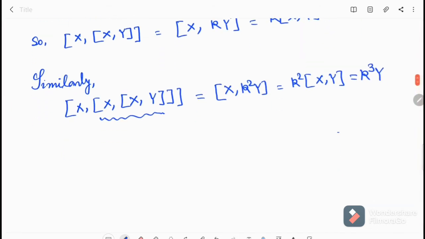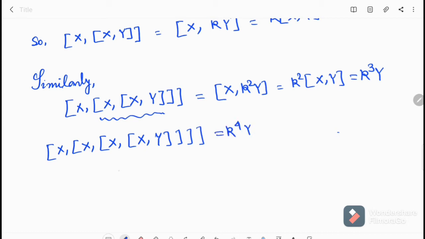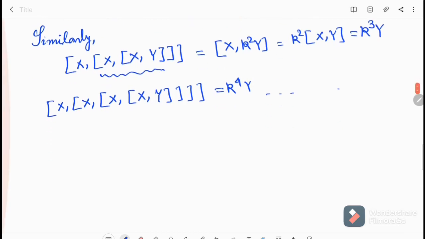Fine. And we can find like this. So x x x commutation y would be equal to k to the power 4 y and so on.